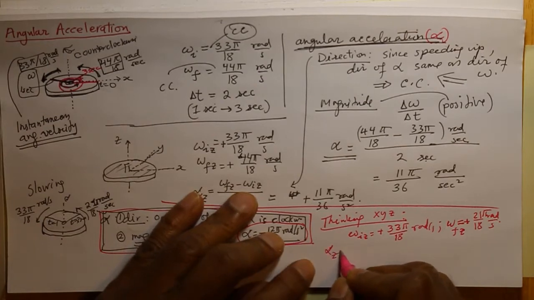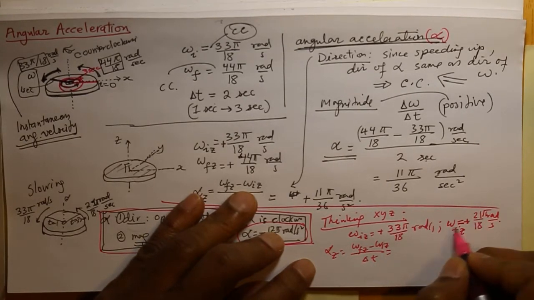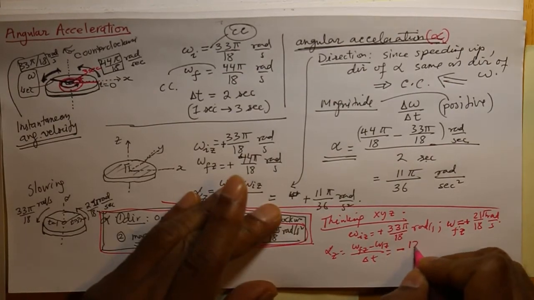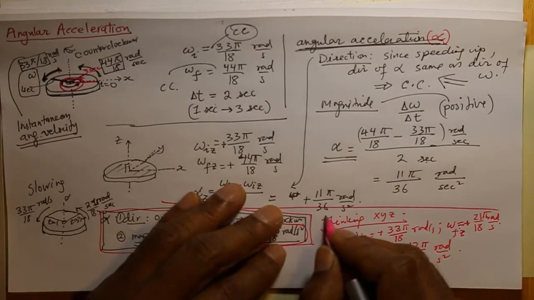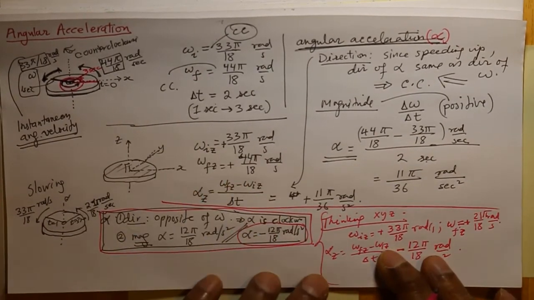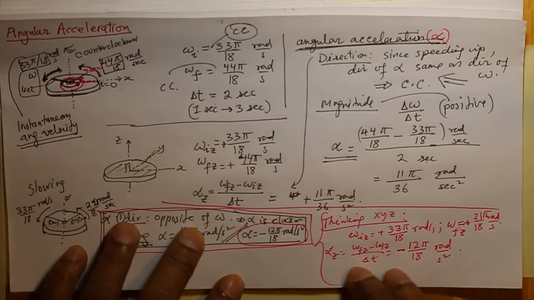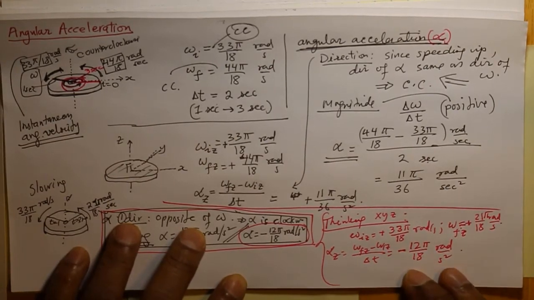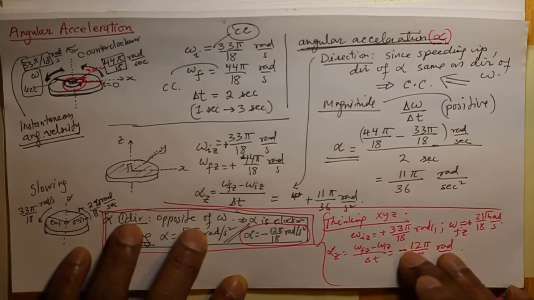Then alpha z is omega fz minus omega iz over delta t. So if I subtract this from here, I automatically get minus 12 pi over 18 radian per second squared. So you can see that if I'm thinking in the z's, I don't have to keep track of clockwise, counterclockwise separately. Its notation brings it along all the time. So in a way it's a superior algebraic tool.